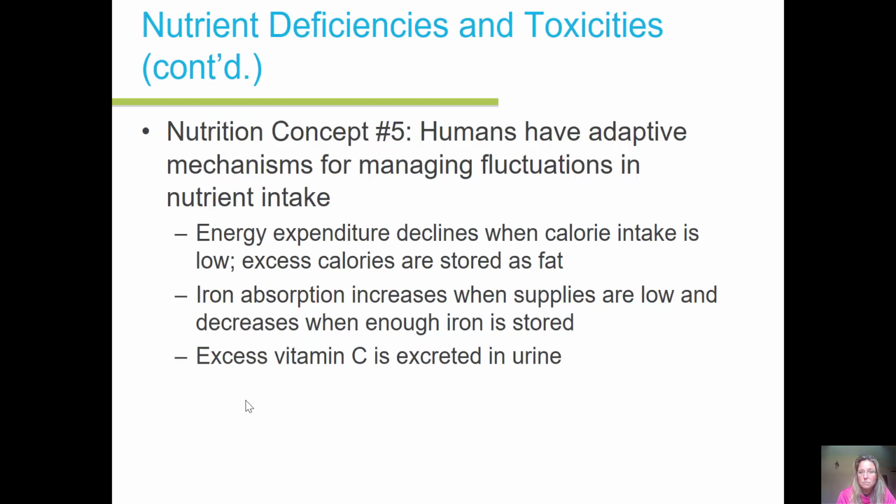Concept number 5, humans have an adaptive mechanism for managing fluctuations in nutrient intake. So basically, energy expenditure declines when caloric intake is low. What that means is when we starve our bodies and we don't ingest enough calories in a day, your metabolism shuts down.